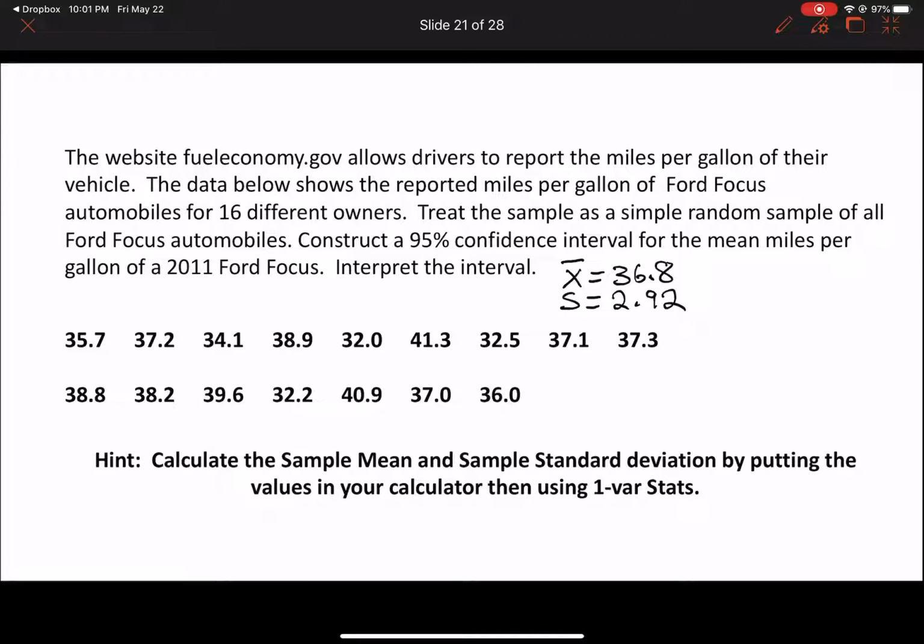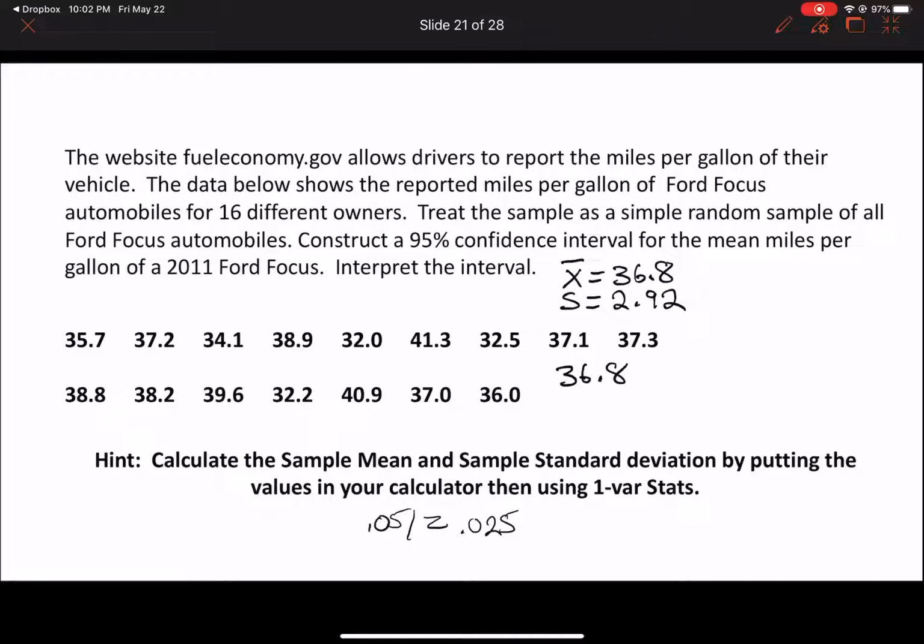So now we need to calculate our confidence interval. So we would do 36.8. Look at your t-table. On the t-table, because we have 16 here, we need to look at 15, and 0.05 divided by 2 gives us 0.025.